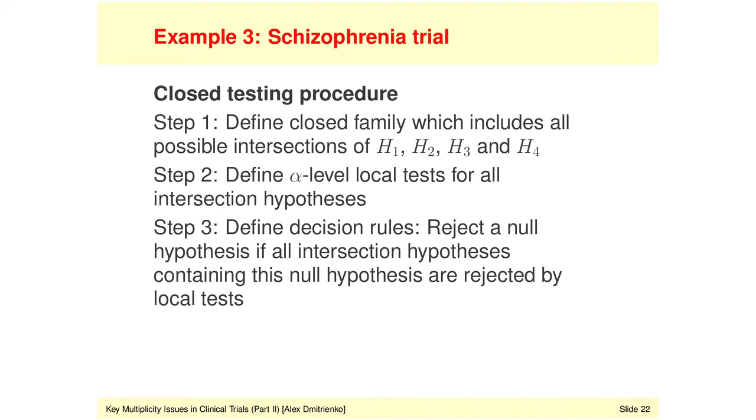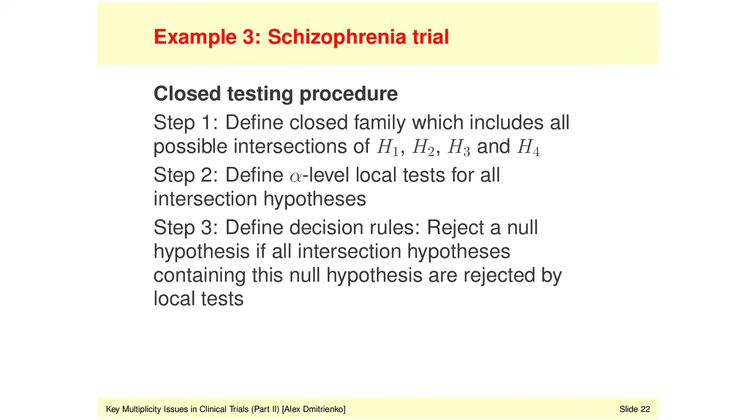So let's now take a look at the specific steps we will need to take to define a general closed testing procedure, and I'm going to explain how this process needs to be slightly modified to enable a mixture-based approach that efficiently takes into account arbitrarily complex logical restrictions among the hypotheses. Using example 3 as an example, step number 1 would be to define a closed family of hypotheses, which includes all possible intersections of the 4 hypotheses of interest that are once again denoted by H1 through H4.